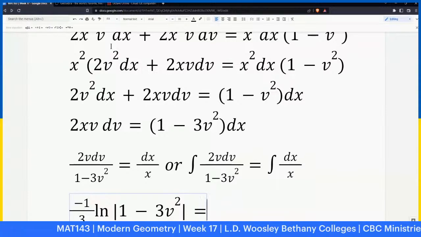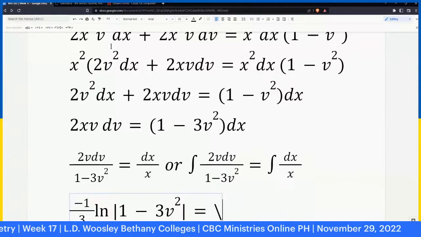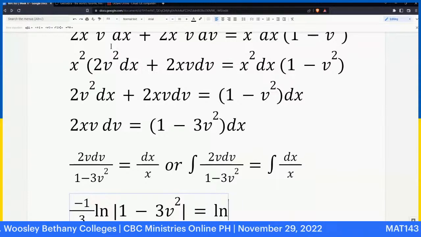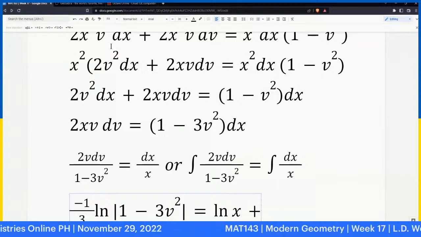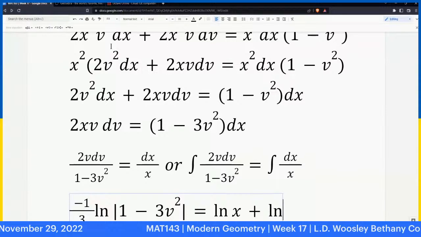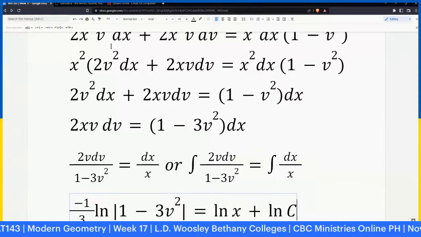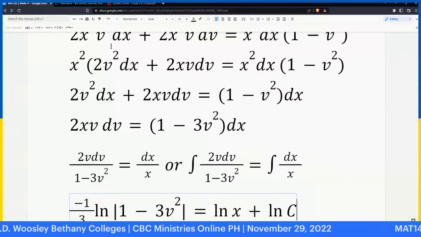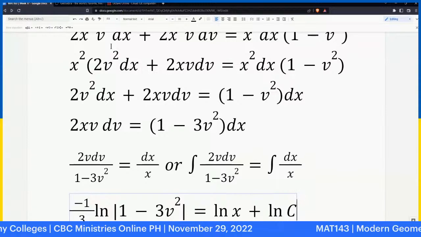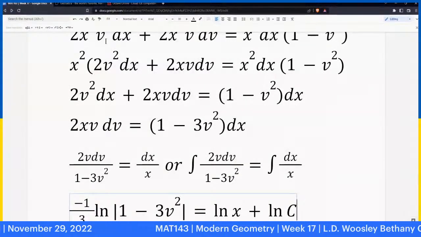Right side simply is ln x plus, don't forget the constant, ln c. I-consider din natin na yun yung kamukha ni ln c. Right? So, actually marami pang ano dito eh. Pero enough na answer yan. Medyo mahaba yung homogeneous, no?